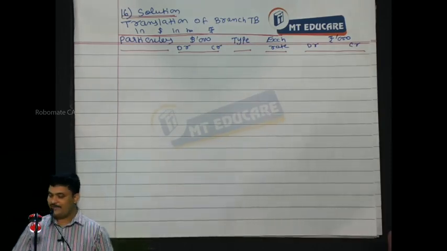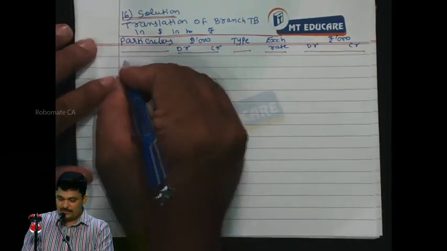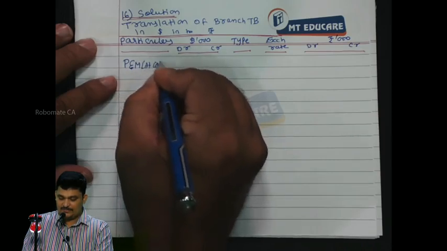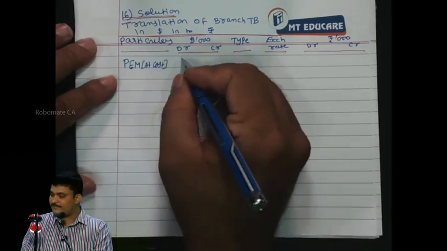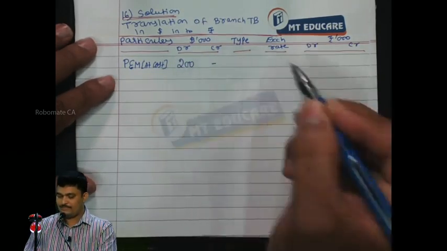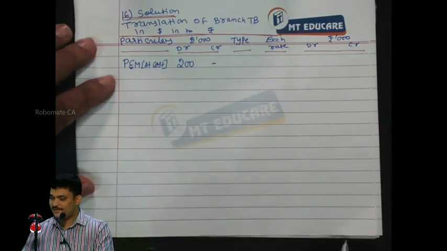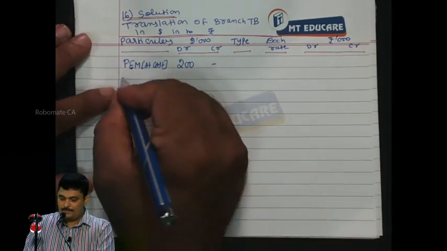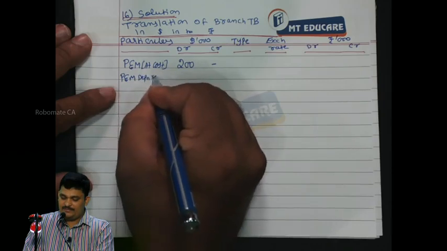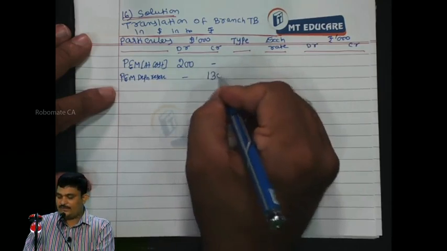In the Sydney branch, the very first item is plant and machinery at cost, 200. Next, plant and machinery depreciation reserve, which is nothing but accumulated depreciation, 130.